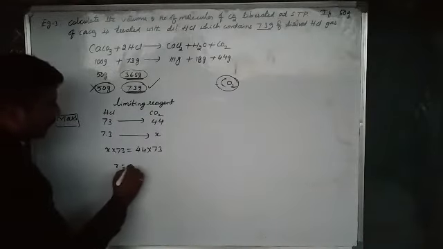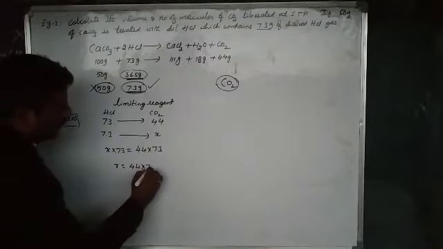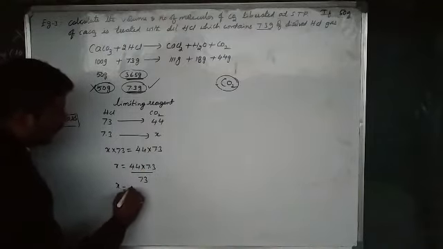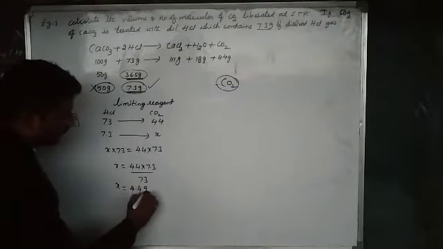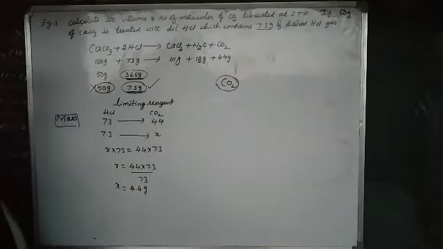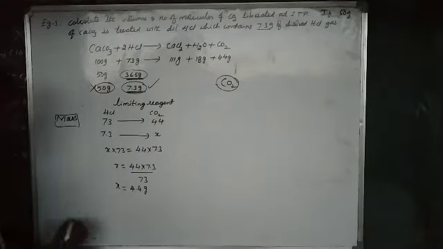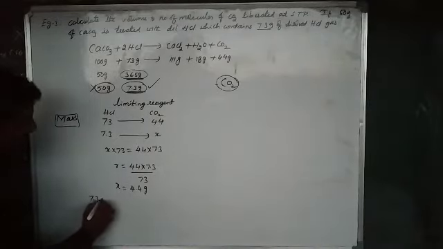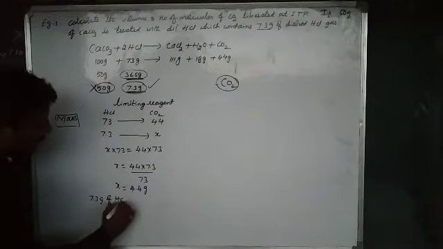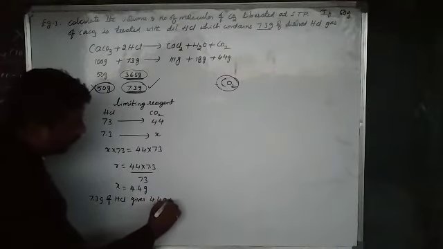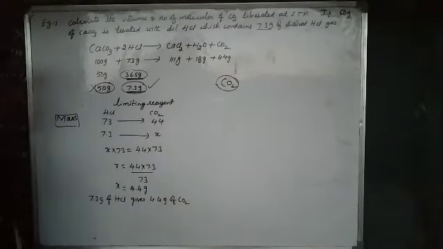So X is equal to 44 into 7.3 by 73, X is equal to 4.4 grams. So this is the mass of the carbon dioxide. So 7.3 grams of HCl gives 4.4 grams of carbon dioxide.